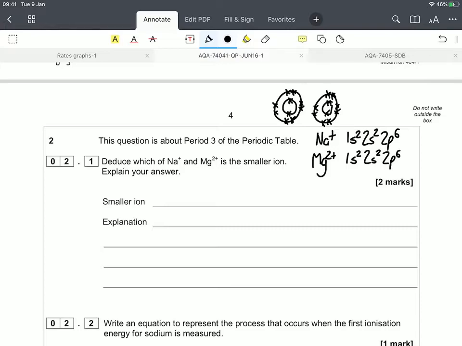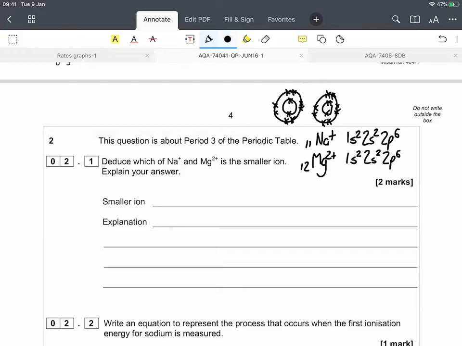What I'm trying to get at is, if the electron configuration and arrangement of the electrons was the only factor, these two ions would have an identical atomic or ionic radius, right? They'd have the same size. But it's not the only factor, because they don't have the same number of protons in the nucleus, right? Sodium has 11, magnesium has 12, and that's the deciding factor, really.